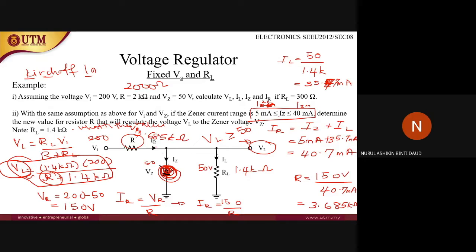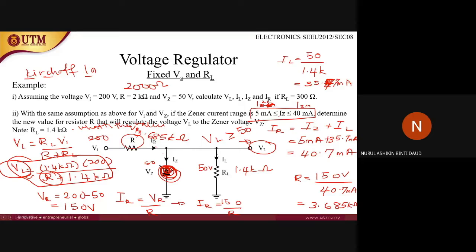But we know the exact value of the minimum current for VZ is 5 milliampere. At this stage of 5 milliampere, the minimum current for VZ, it is not sure yet that the value of VL is 50. It might be that VL is slightly bigger than 50. Is that okay?